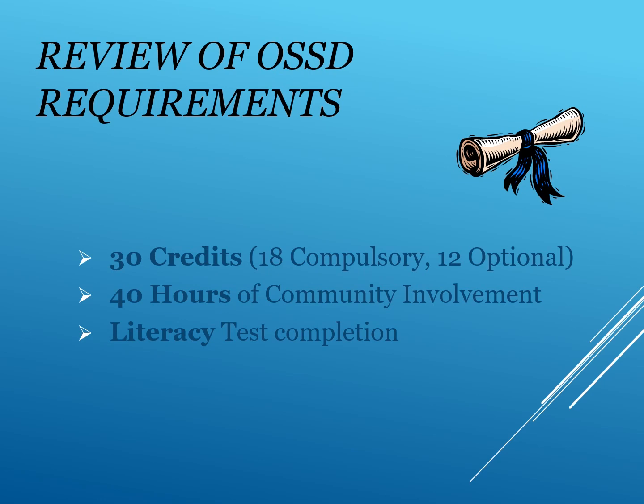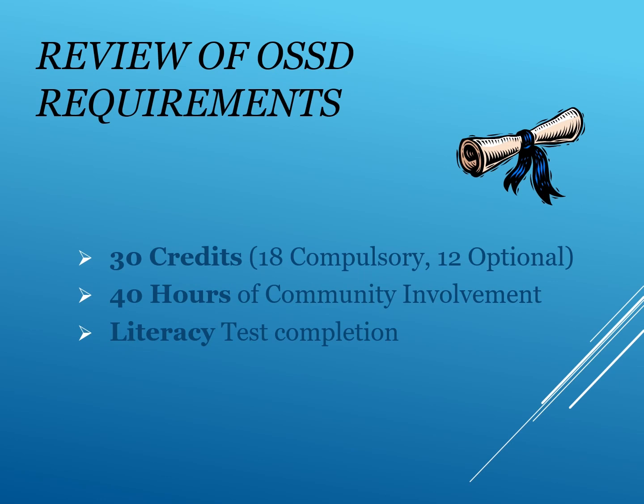The challenge that some students have is in completing what we call Group 1, Group 2, Group 3 compulsory credits, and those are different groups of courses. I would advise you to check your graduation indicator in My Blueprint to see how you are doing in terms of those 18 compulsory credits, where you need to meet some compulsory credit and make sure that goes into your timetable for next year.